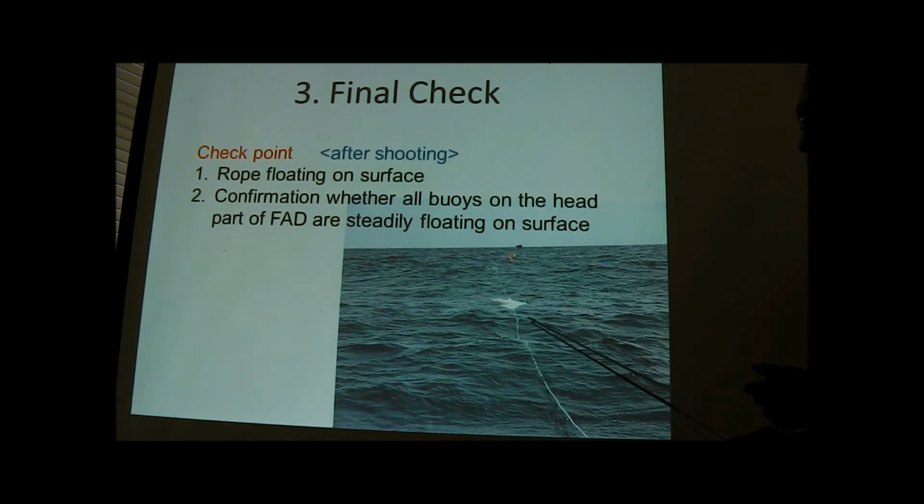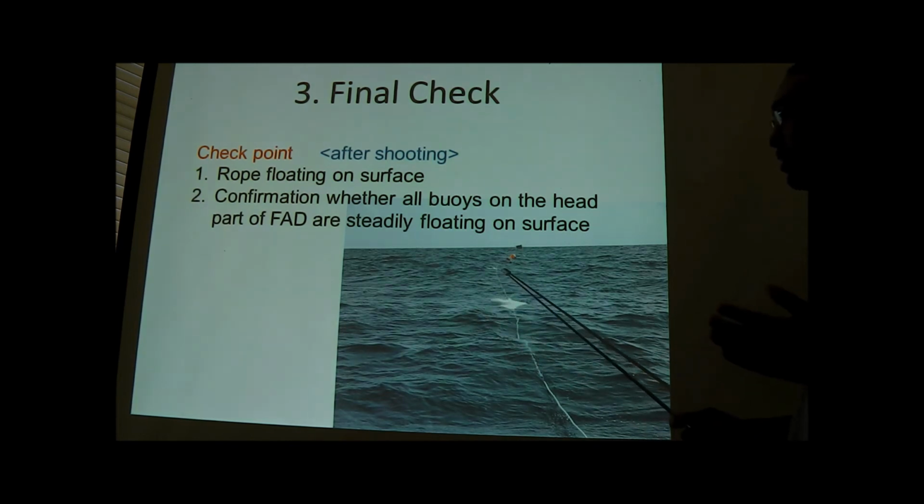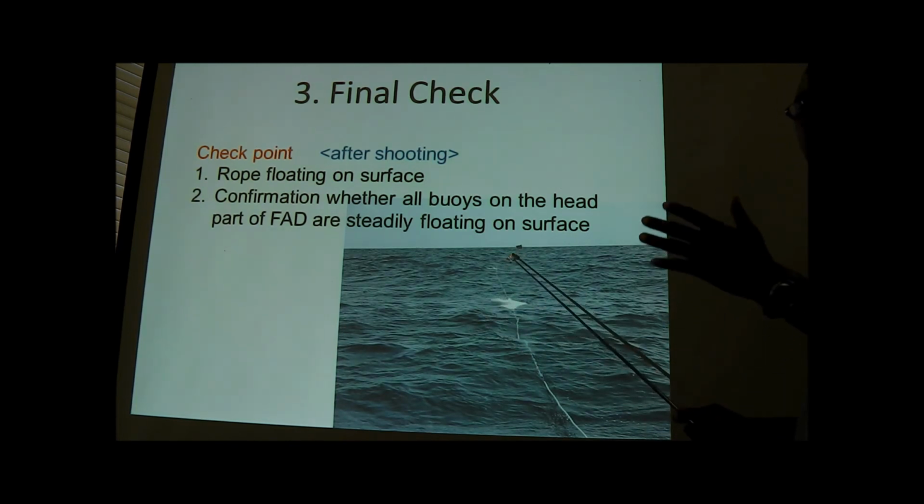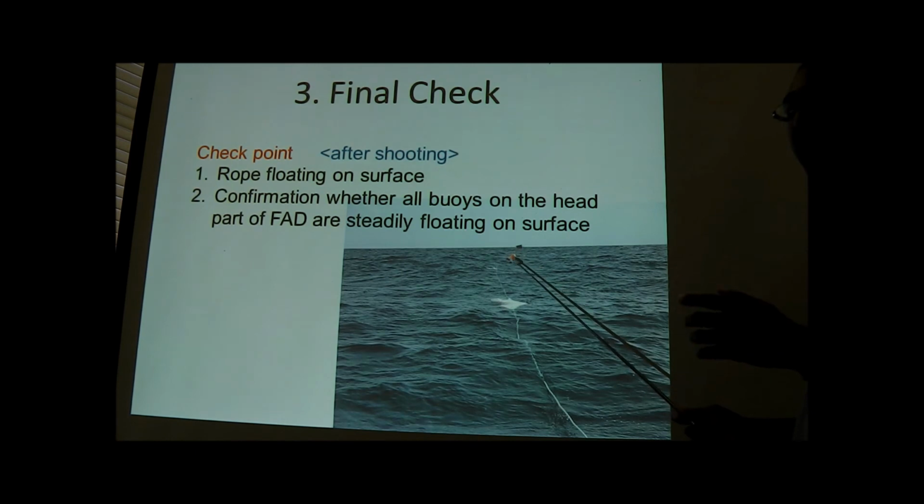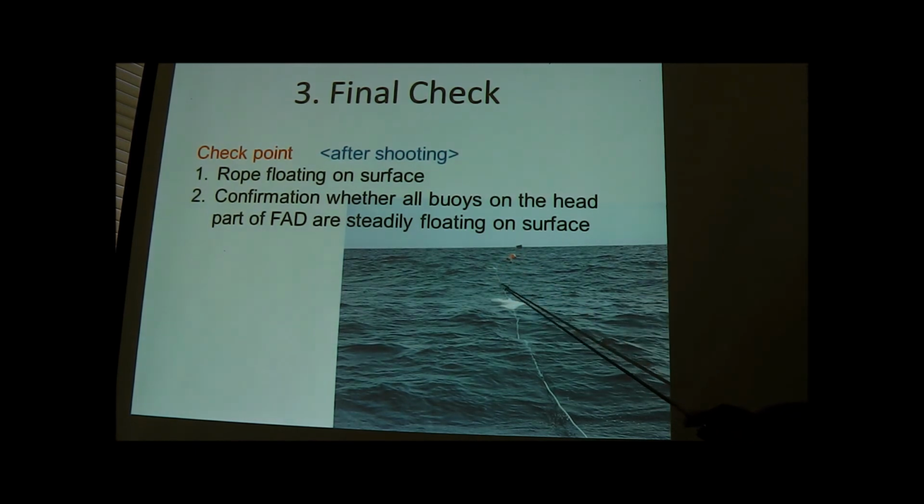So weights have to be attached to these different portions of these ropes. You can use local materials such as pieces of rebars from construction sites, or you fill small drink bottles with sand which have appropriate weight.